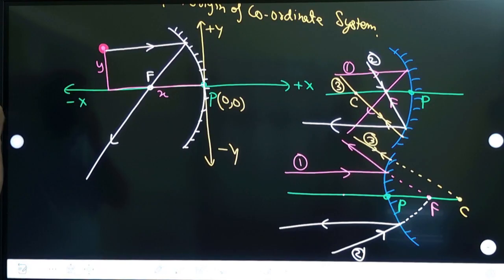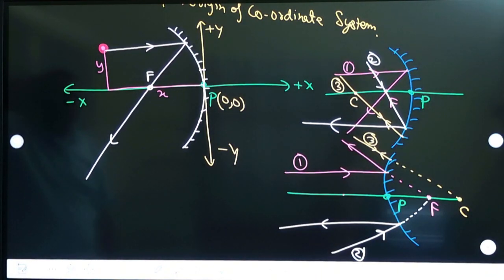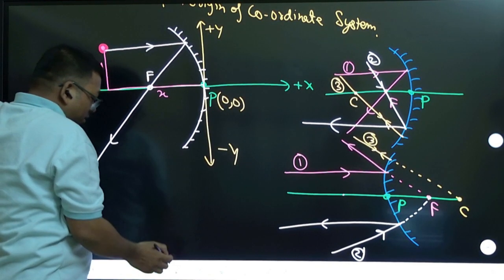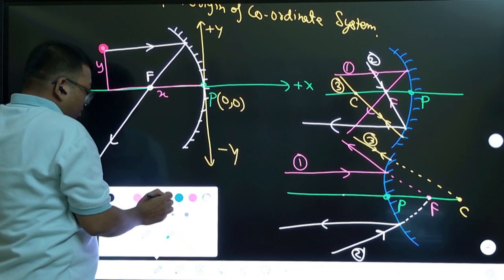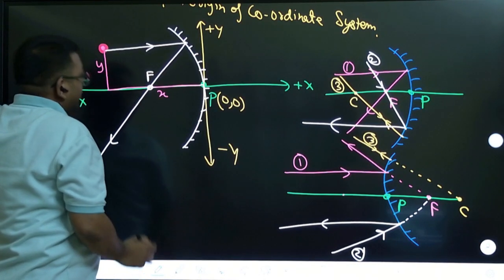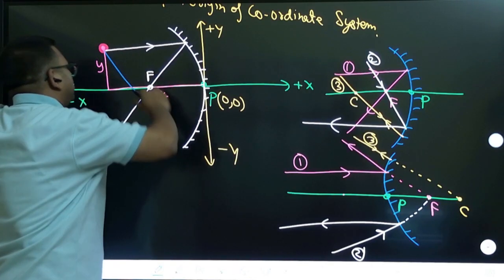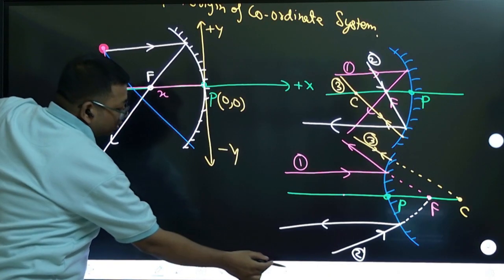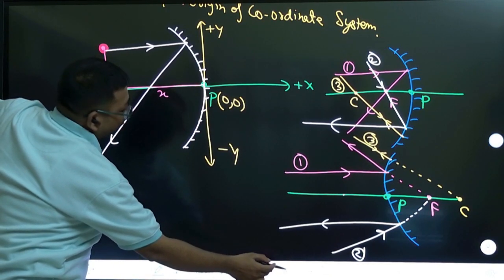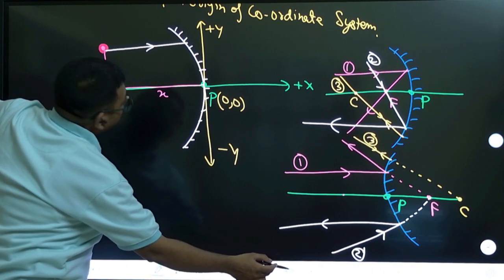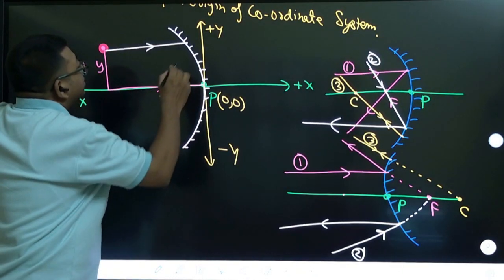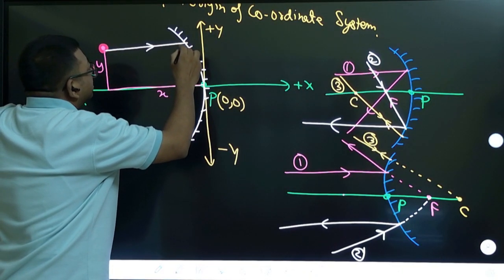Then let us take another ray which is trying to pass through the center of curvature. Take this ray which is passing through the center. Maybe I have not drawn this properly. Let me draw this properly. So it has passed, let us say, like this.